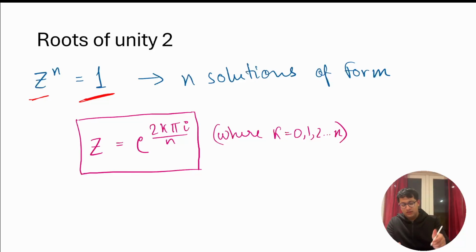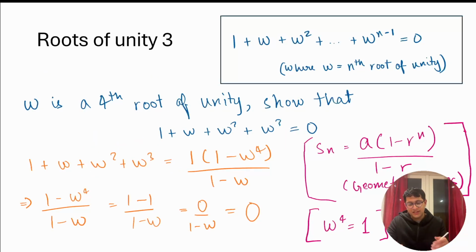Your solutions will be in the form of z equals e to the power of 2k pi i over n, where again, n is just the degree or the number of solutions, and k is going to be 0, 1, 2, and go all the way up to n. Cool? We'll see examples of this.